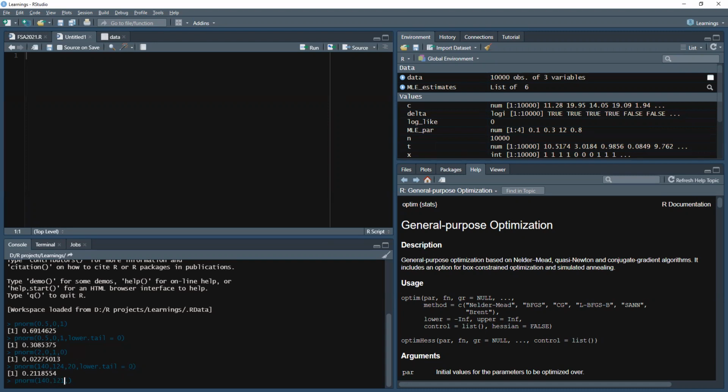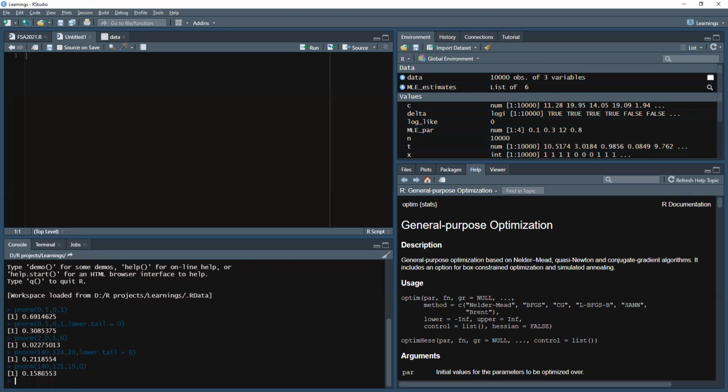So 140, mean is 121, standard deviation is 19 now. For a lower tail, I will need FALSE. So this is 15.8%. Okay. Now we can see that the probability is smaller since now our mean is less, guys.